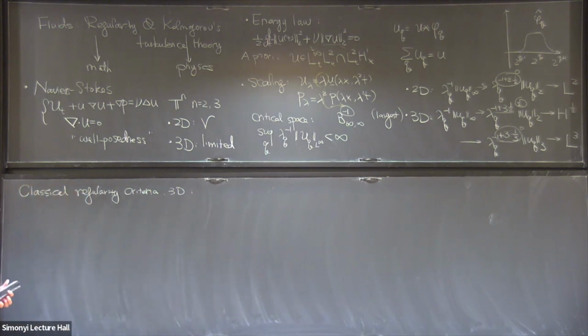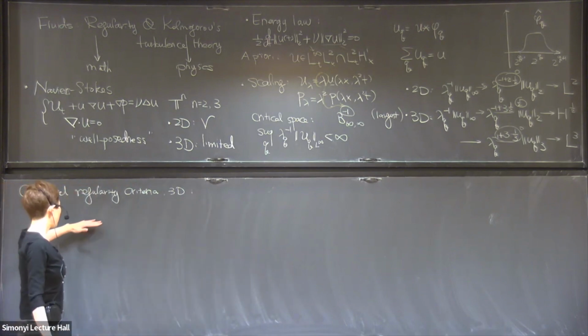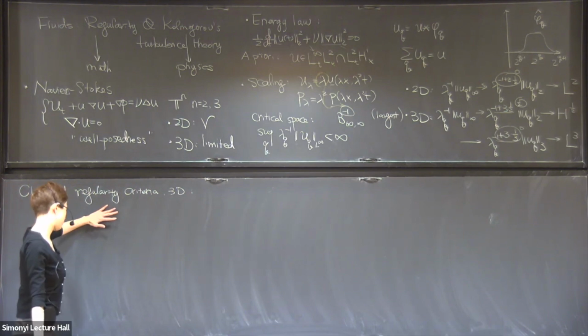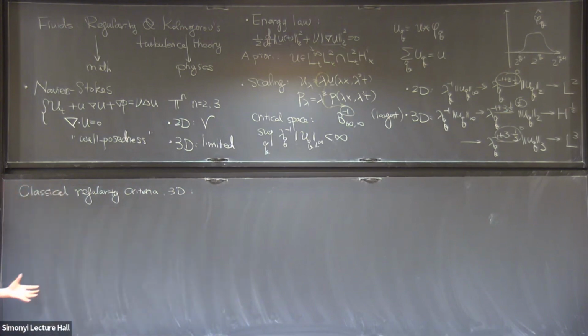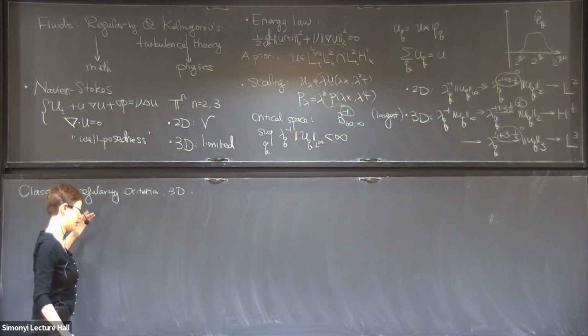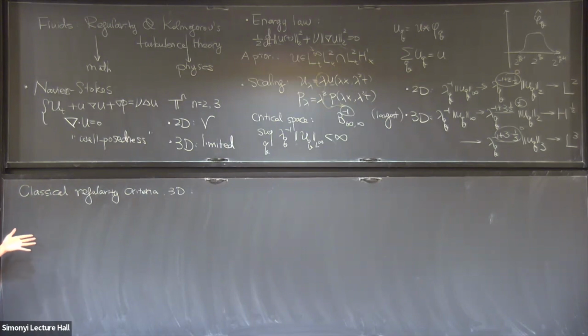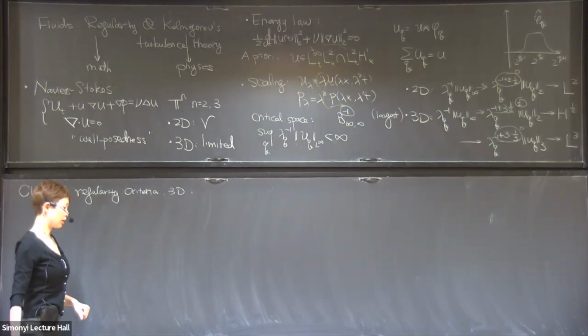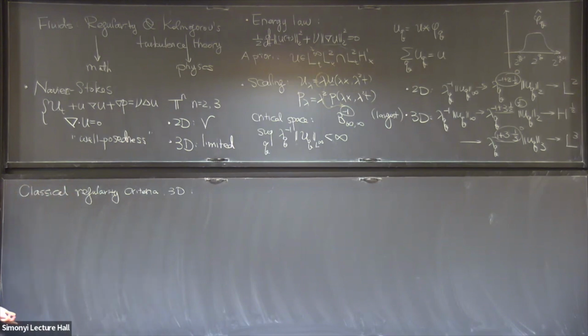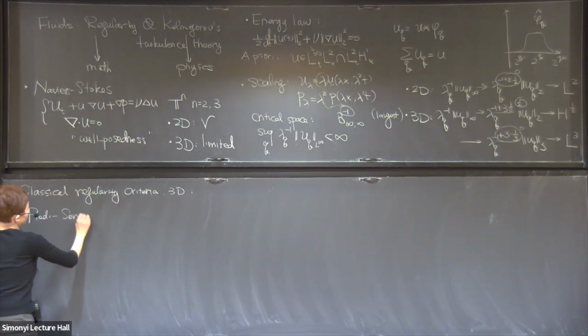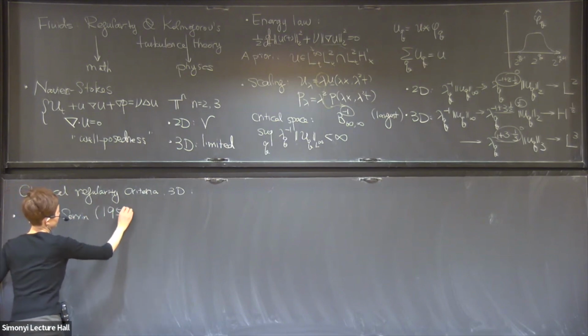So here there is a large area of study, conditional regularity results, meaning that you give some additional constraint, and with that constraint, the solution is guaranteed to not blow up. Some classical results go back to '47, around this time.